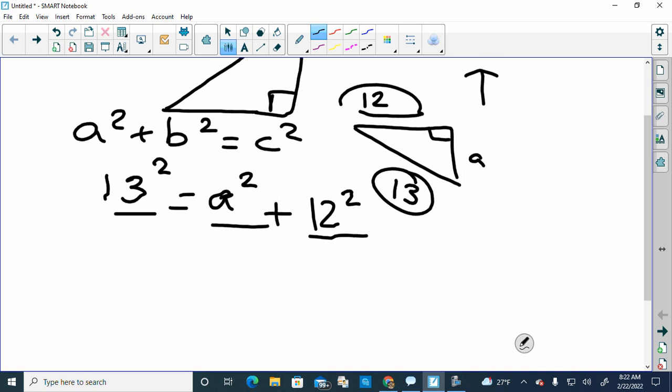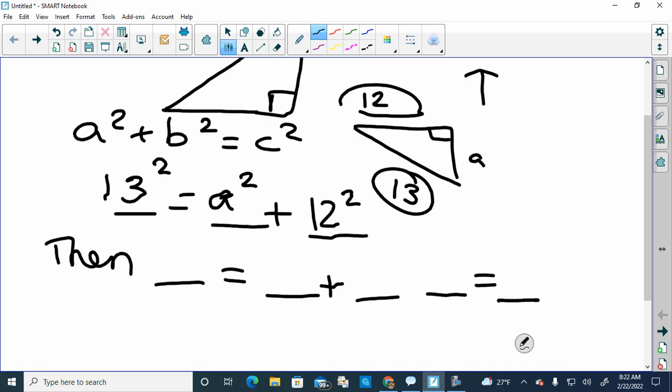Then you have the next line down, which says then, with a line equals a line plus a line, and so on. The first one we're looking at is 13 squared, so 13 times 13.